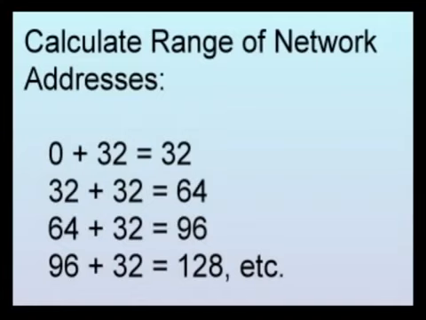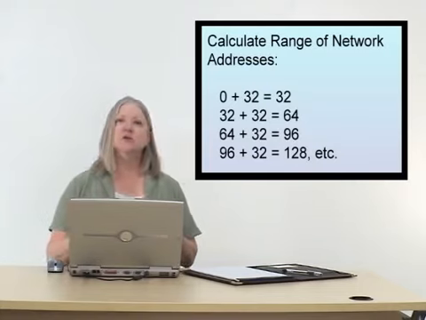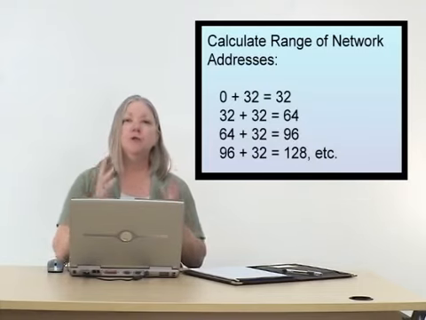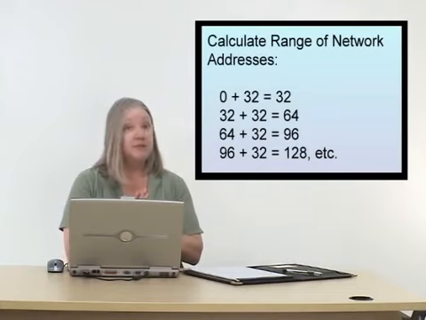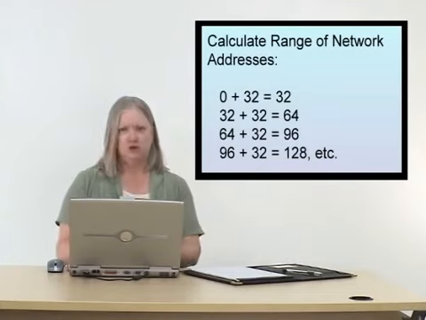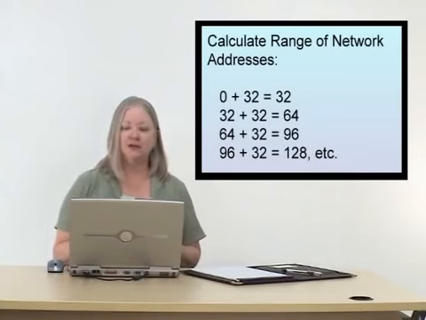So, 0 and 32 gives us 32. 32 and 32 is 64. 64 and 32, 96. 96 and 32, 128. 128 and 32 gives us 160, and so on. We're going to keep going until we come to 224. If you've added all this up and you don't get to 224, better check your math, because that's also a double check to make sure you've added everything correctly.